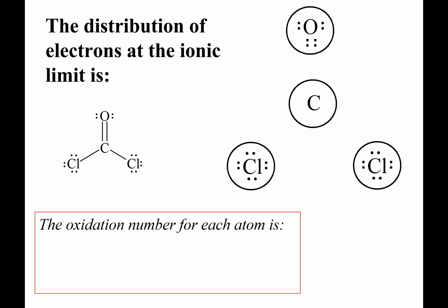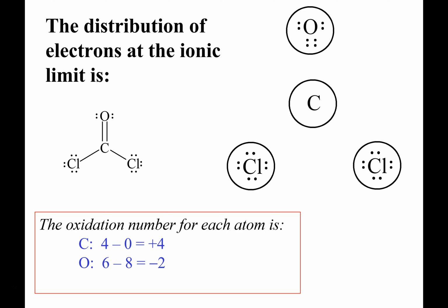Okay, so here goes the little math down here. Remember, it's the valence electrons minus the electrons at the ionic limit. For carbon, it's valence electrons of 4 minus, it doesn't have any electrons at the ionic limit. Yeah, carbon's in 4A. The oxygens are 6A, so they have 6 valence electrons.